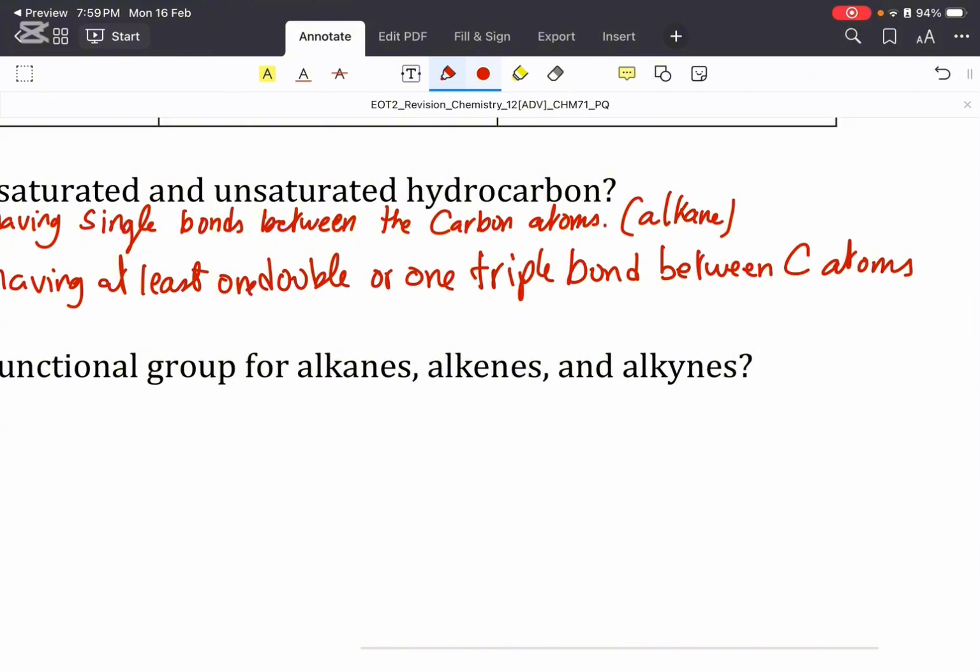And I mean by this, anytime you see an alkene or an alkyne, it means I have an unsaturated hydrocarbon.